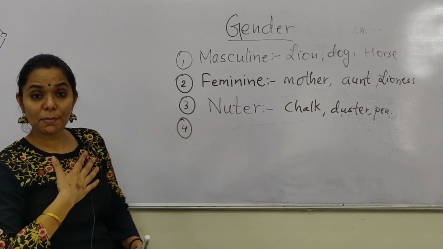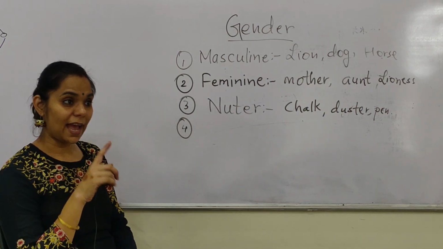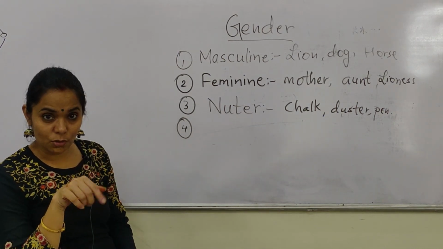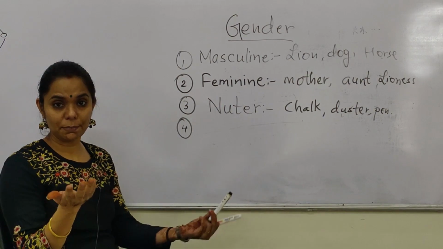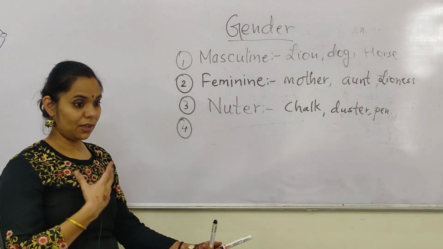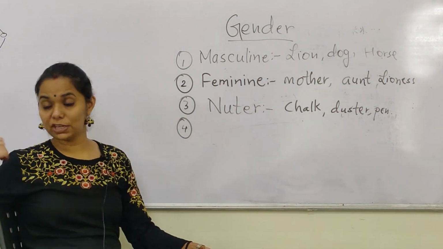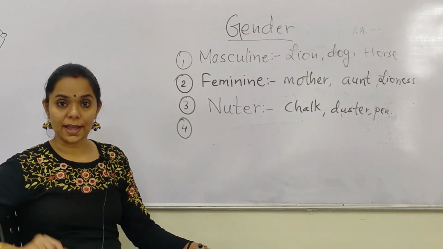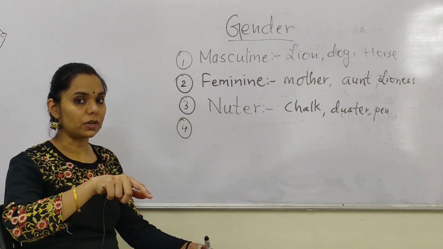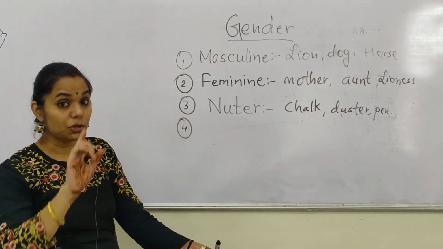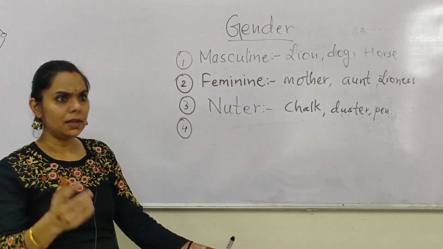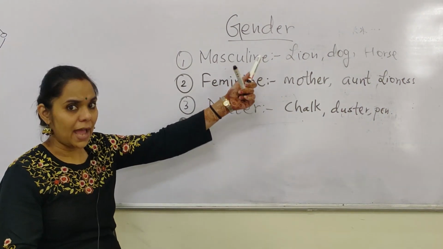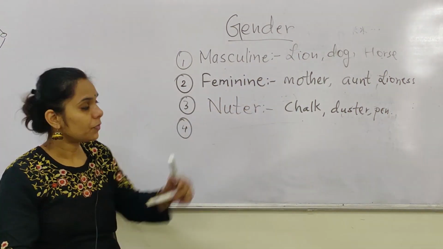Then we go ahead and we discuss more. Who am I? I am a teacher. So can a teacher be a female only? No, a teacher can be male also. So if suppose there is a teacher teaching inside the classroom, what would you tell them? There is a teacher inside. If they know the teacher, they know the gender. But if they don't know, a teacher can be either a man or a woman.